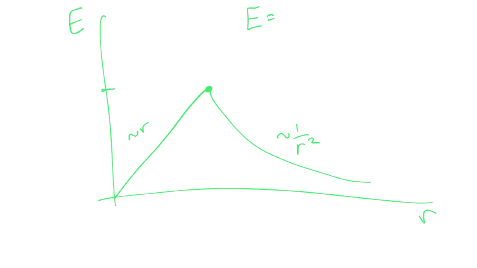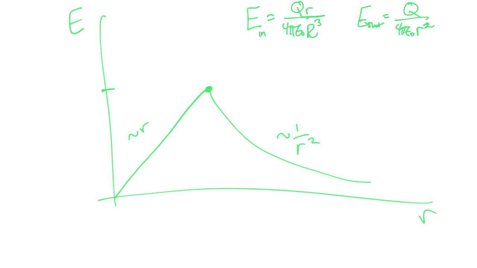E is Q over 4 pi epsilon naught R cubed, times r, that was E in, and then E out, of course, is Q over 4 pi epsilon naught r squared.